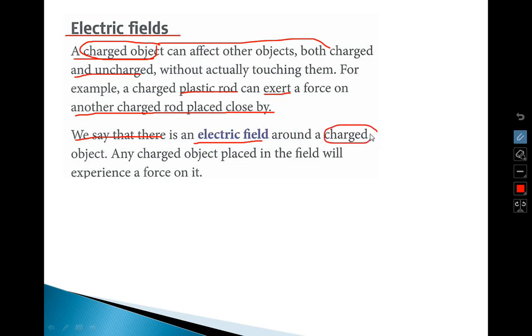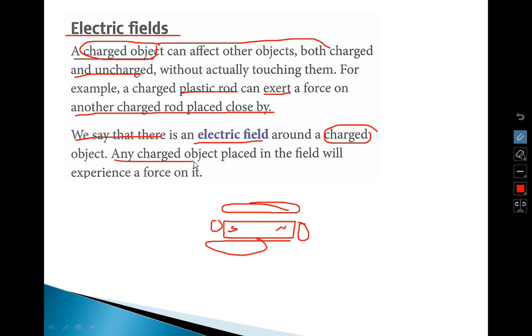Like a magnet, which has a field around it, any charged object, positive or negative, has an electric field.